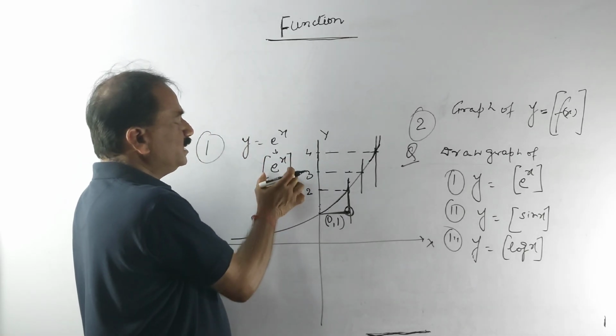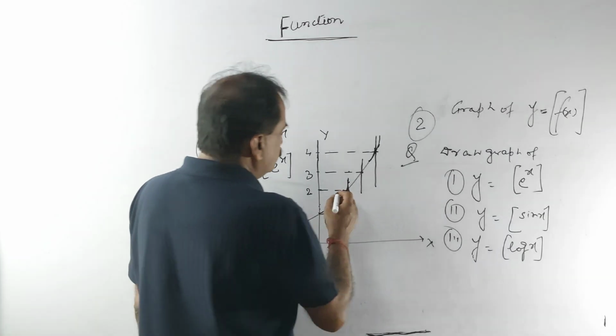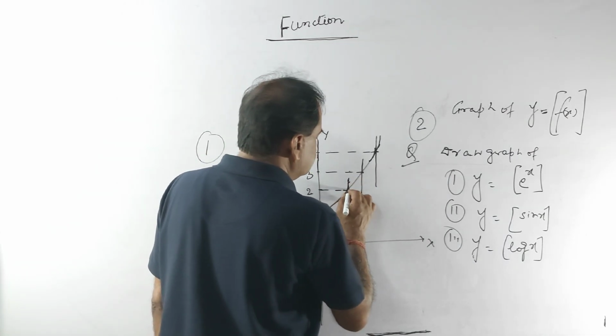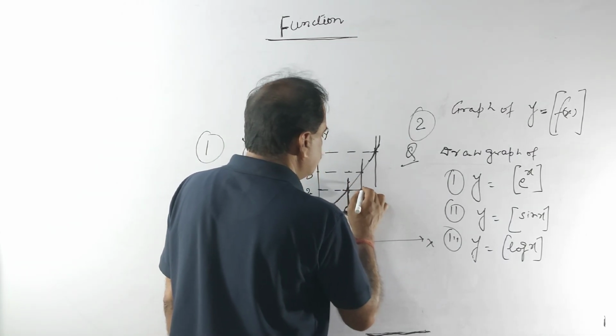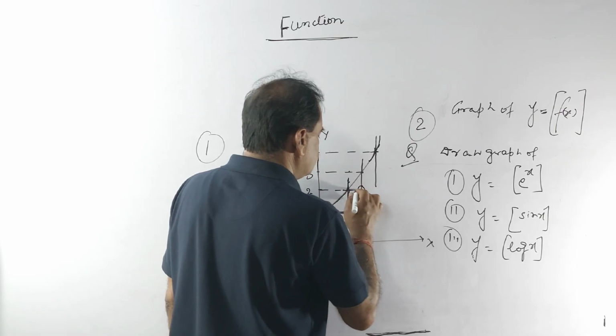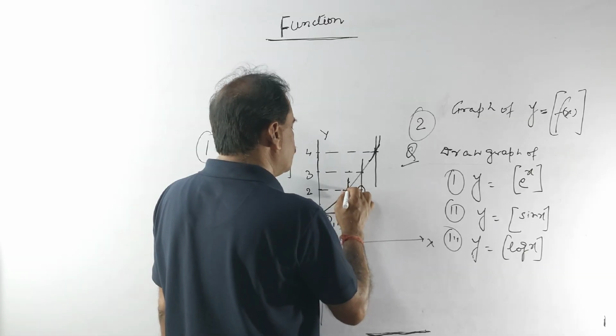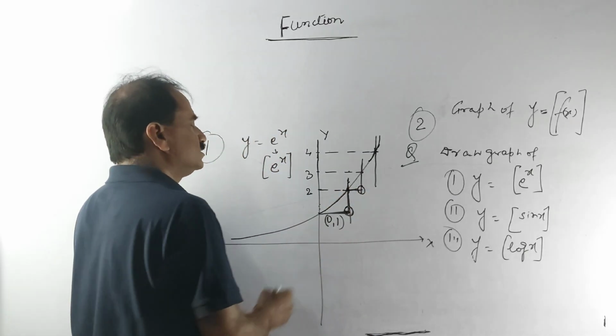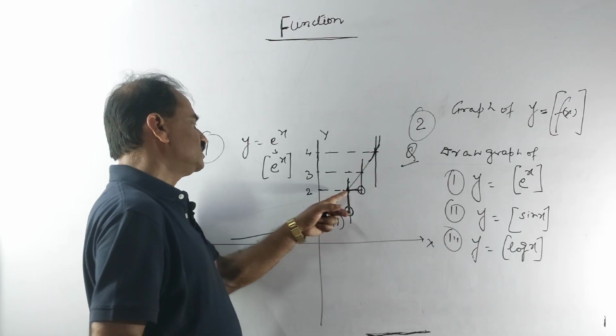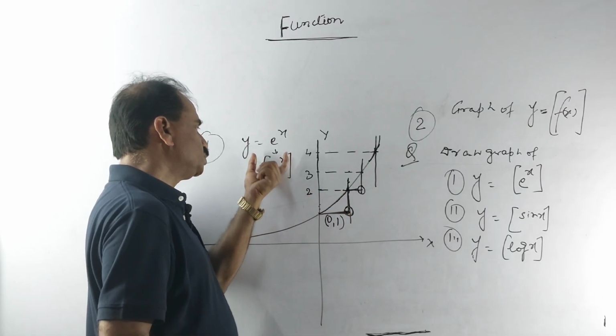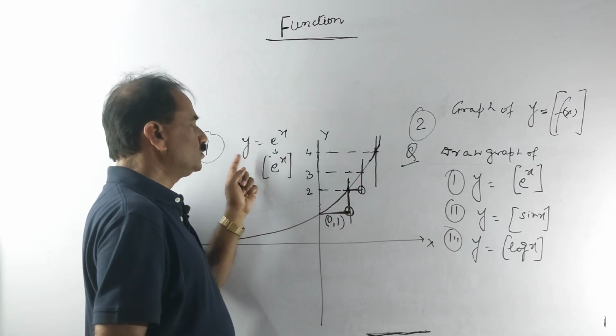Therefore, the integral part must be equal to 2 between these two vertical lines. So this is part of the graph, this is not part of the graph, this is part of the graph. This intersecting point must lie, because at this intersecting point the value of x is 2. So the integral value of x must be equal to 2. So y equal to 2.